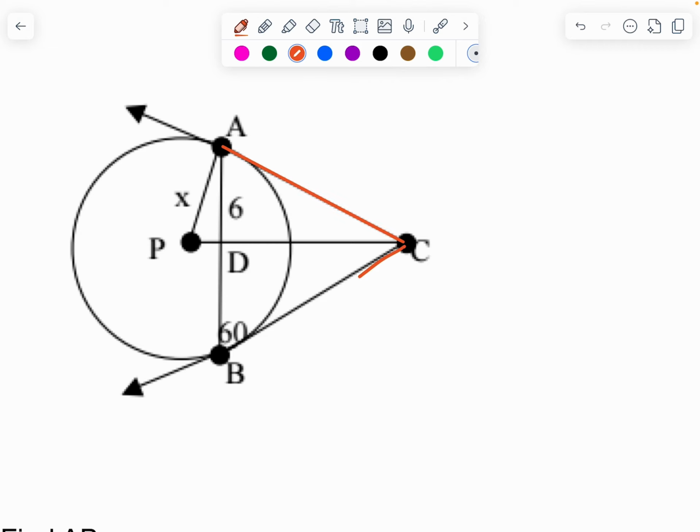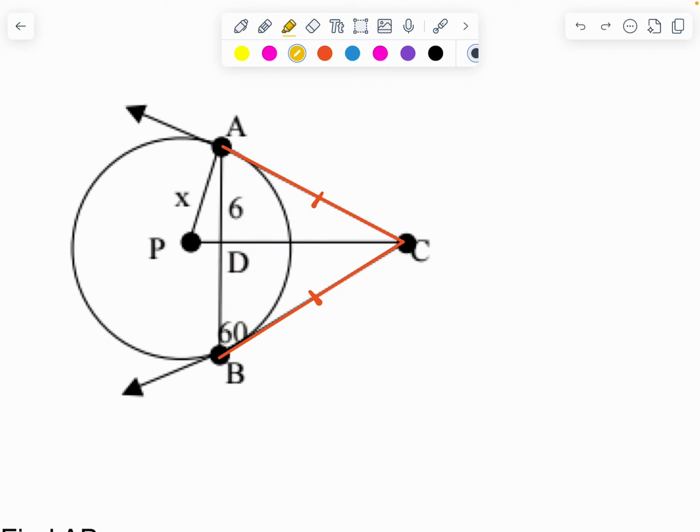I know that this is a tangent and this is a tangent, which means that they are congruent because they're stemming both from external point C, which means that this is an isosceles triangle, right?